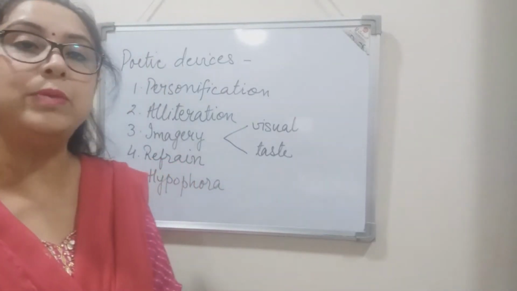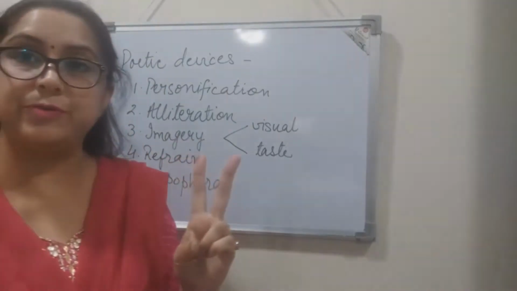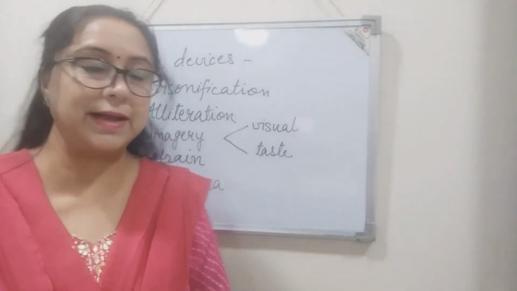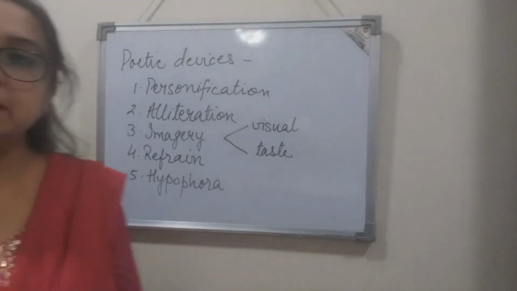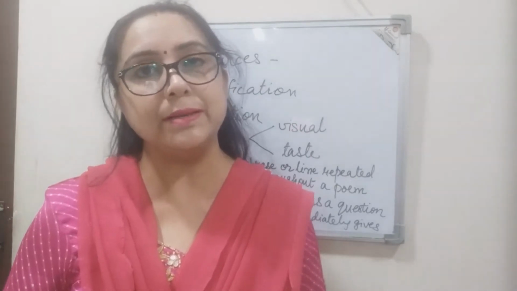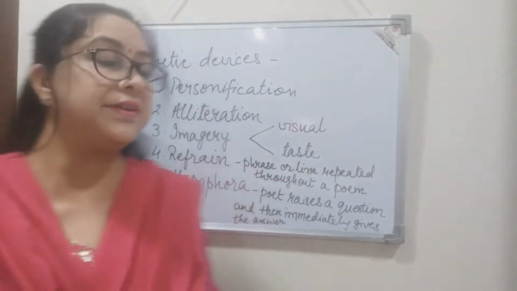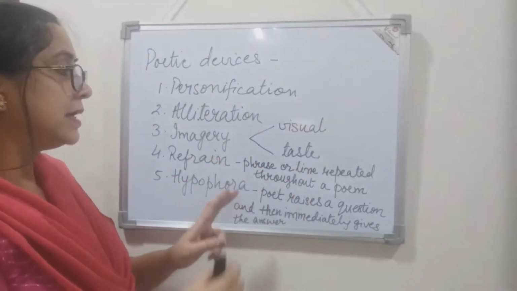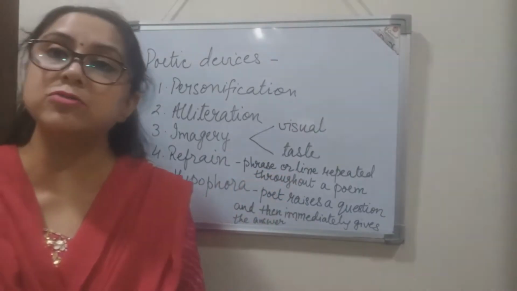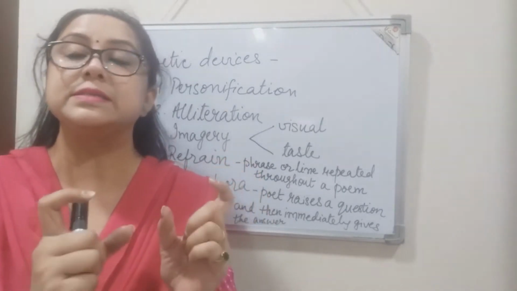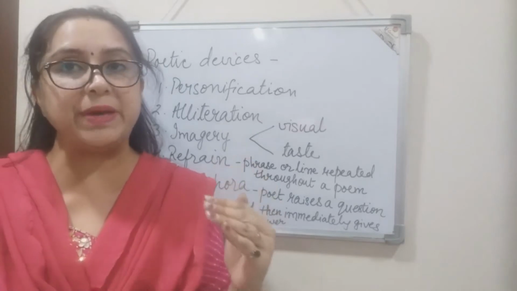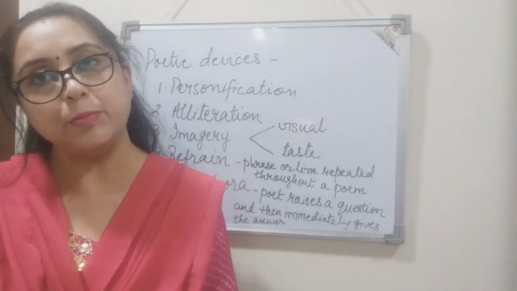So in this poem we'll come across two kinds of imagery, that is visual and taste images, right? Now next is refrain. So refrain is a new poetic device that we will learn today. So let us understand what is a refrain. It's nothing but repetition of a phrase or a line throughout a poem. So the same words, same phrase or same line repeated again and again in the poem, right?